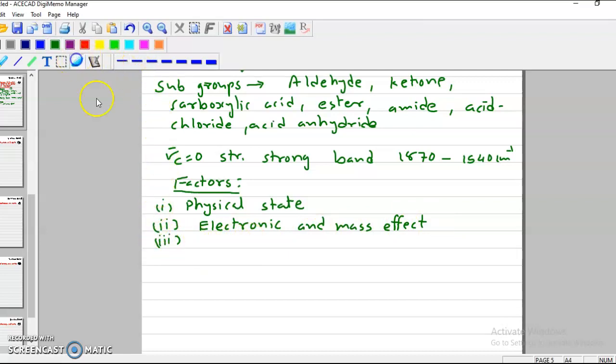Electronic and mass effect of neighboring substituent.